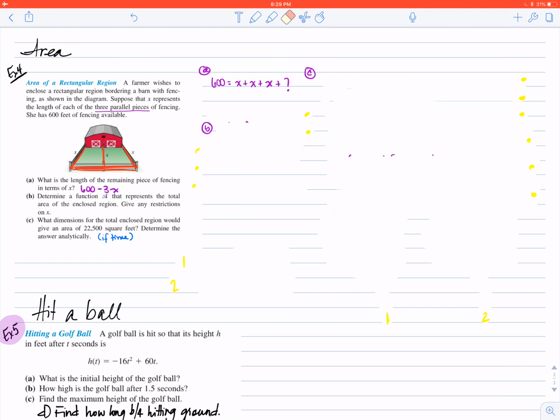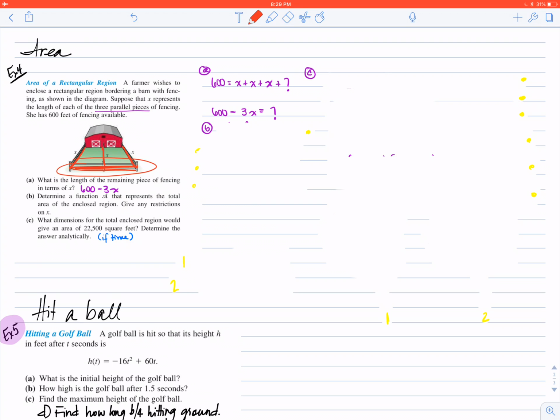If you take a look at how I've set this up, all four pieces added together will be an X plus an X plus an X plus something to equal 600. So I have made that a little bit simpler to say it's 600 minus 3X. So that missing piece, part A, what is the length of the remaining piece of fencing? That piece of fencing, this piece right here, is going to be 600 minus 3X.